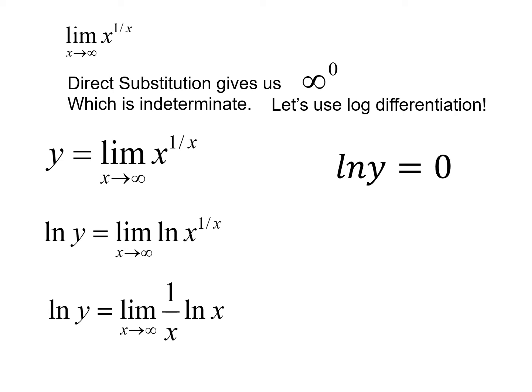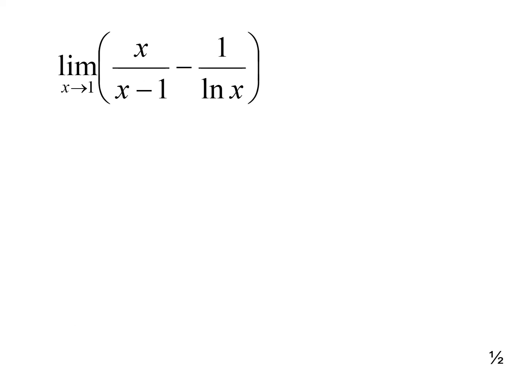But I don't want to know what the natural log of y is. I want to know what that limit is, and y is equal to the limit. So in order to figure out what y is, I have to exponentiate both sides. And I get y is equal to 1. So the limit as x approaches infinity of x to the 1 over x is equal to 1.